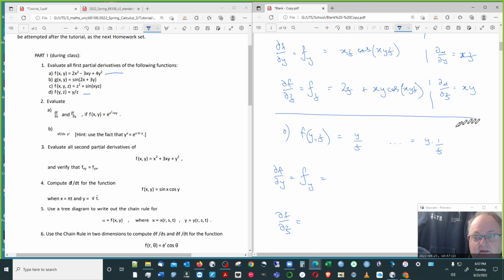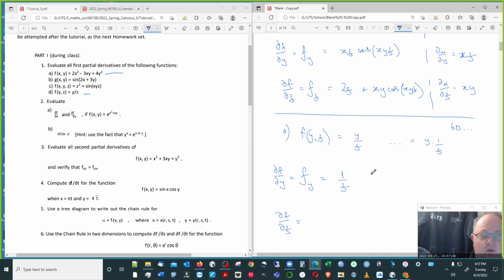So when we do the differential with respect to y, we don't care about the constant. 1 on z will remain as 1 on z. We only differentiate the y, which becomes a 1, so all we're left with is the constant.